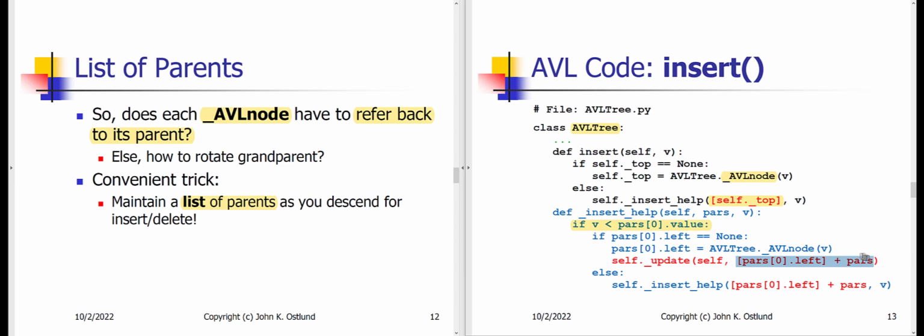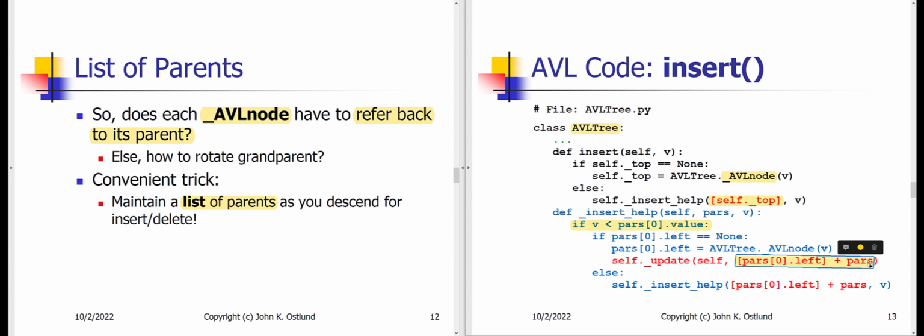And so the list of ancestors that we're going to pass down, including this current node that we have just added, is the concatenation of a list containing just the new node plus the list containing previous ancestors. So that will have the list of ancestors in the correct order.